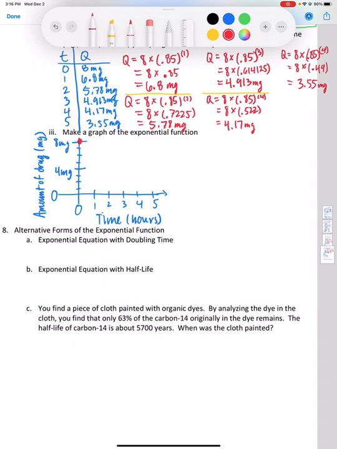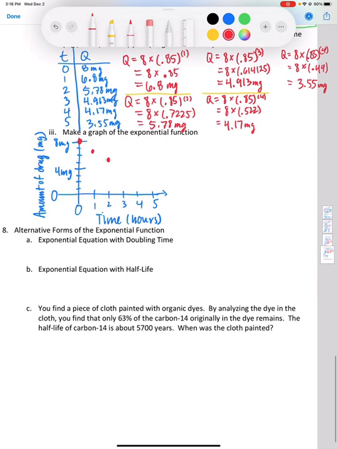Then we are going to go to our 1, which is at 6.8 milligrams. So we'll go down to 1, which is 6.8. So here's 6. So we're just going to be almost to 7. 5.78. So it's almost to 6 for our 2.